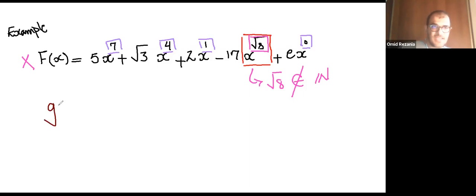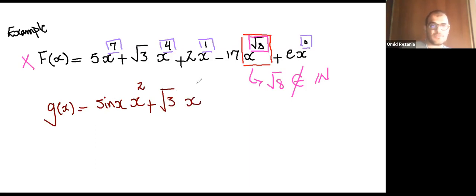Now, I go to the second example. I say that I have another function, g of x. It's going to be like this: sine x, x to the power 2, plus square root of 3 x to the power 1, plus, let's say, 22 divided by 5. Okay, how about this one?